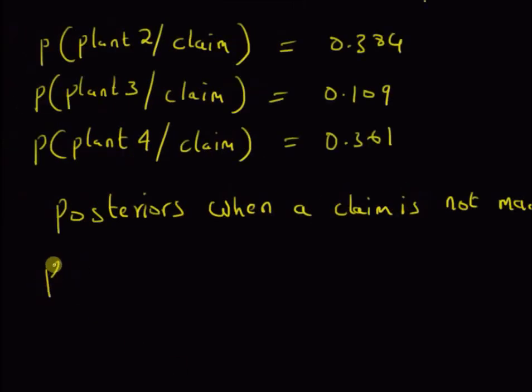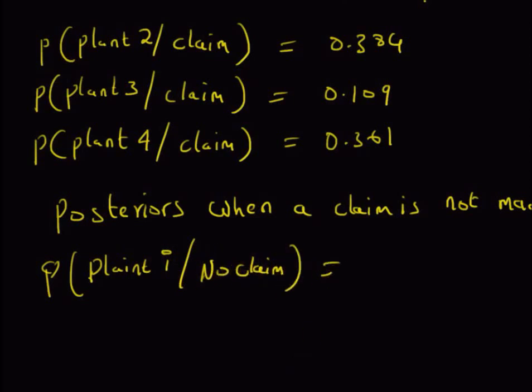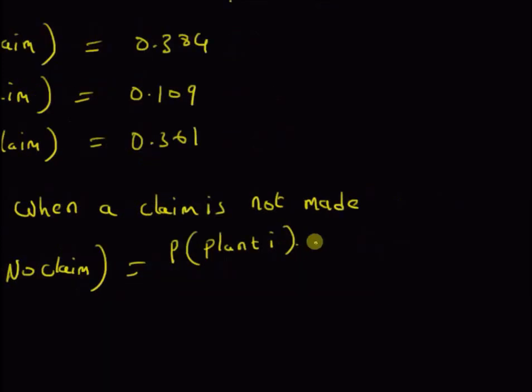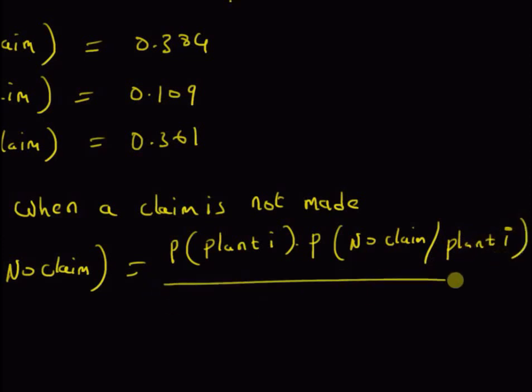That is, we want to find the probability of plant i given no claim is made, which is equal to the product of the prior of plant i multiplied by the likelihood of no claim given plant i, divided by the probability of no claim, that is the evidence that there is no claim, which should be equal to 1 minus the probability of a claim.